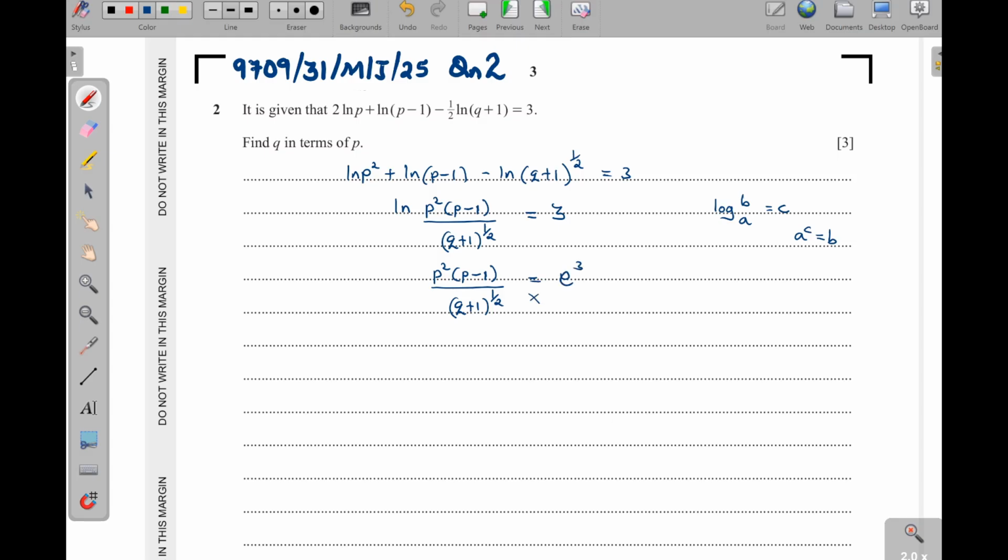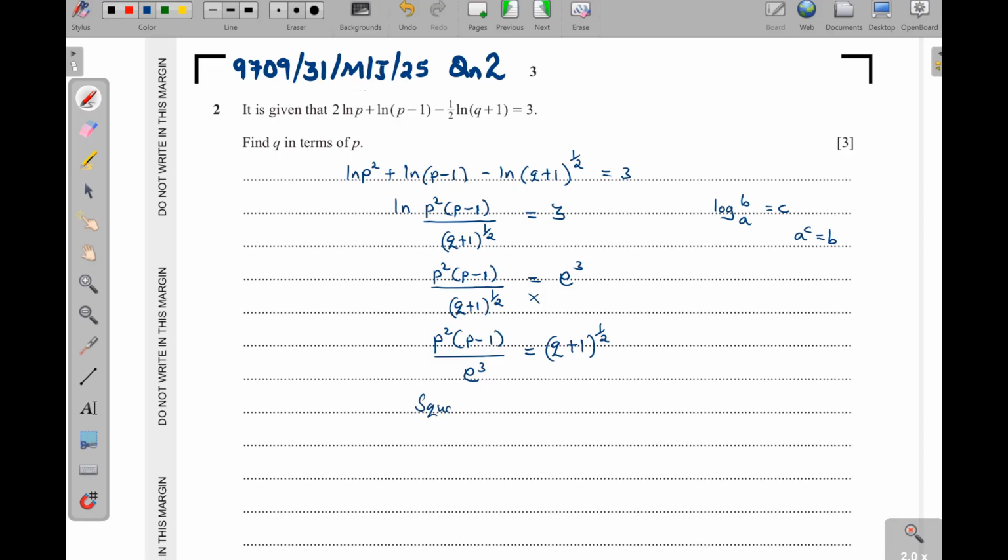Then we can cross multiply, and then we have p squared into p minus 1, divided by e to the power of 3, which will be equal to q plus 1 to the power of a half.